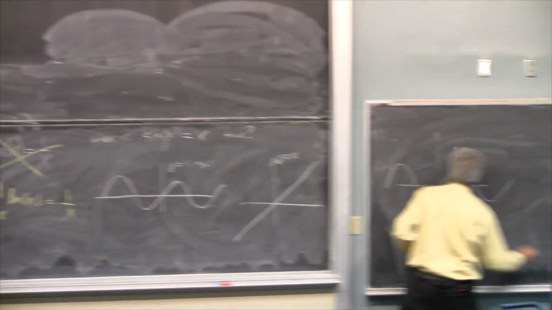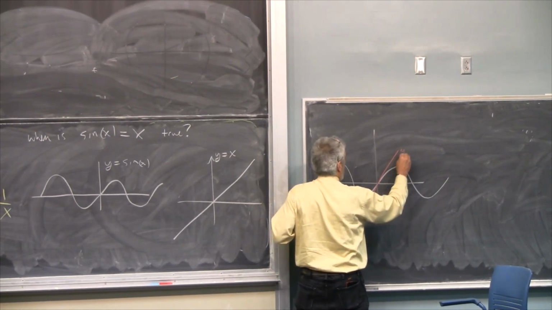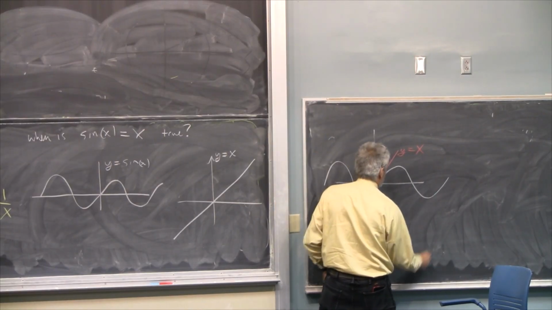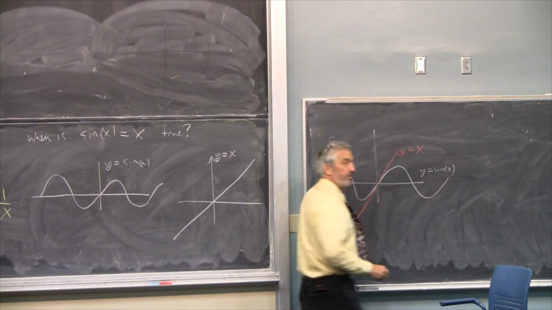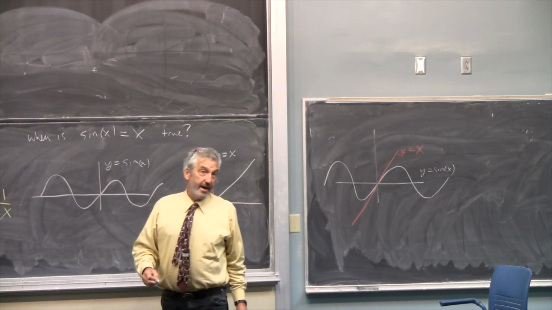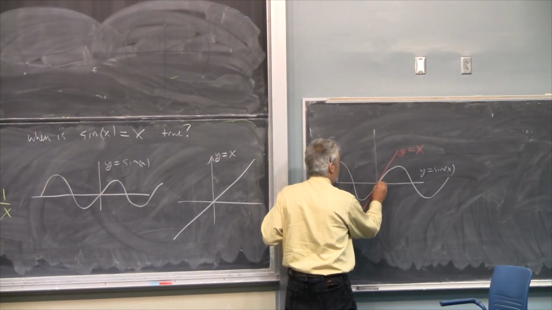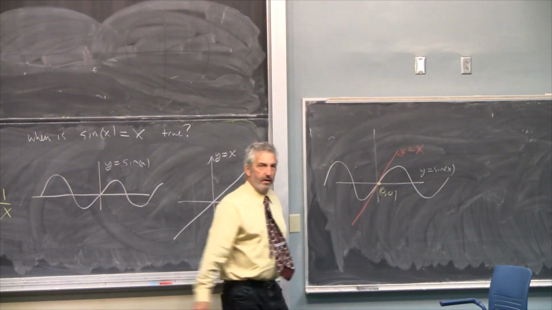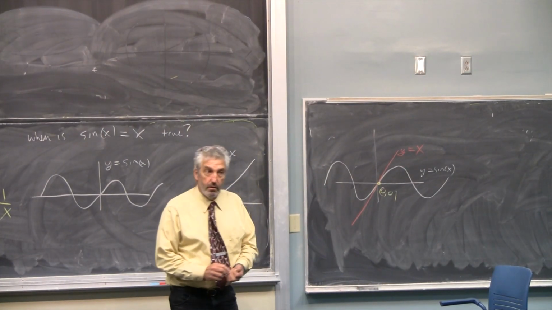Here's the graph of y equals x. Here's the graph of y equals sine of x. In fact, the line y equals x is the line that's tangent to the graph of sine of x at the point 0, 0. And you can see that in this case, that's the only place those graphs touch.